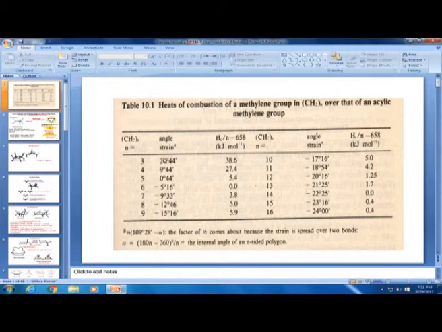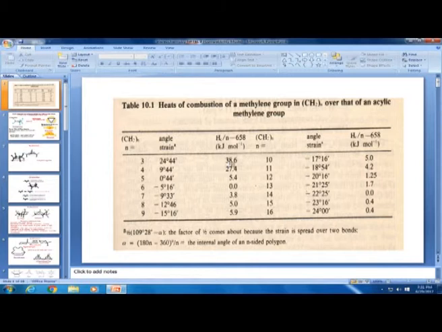Do not worry about the values here, they are very close. So, about 25 degrees is the angle strain in cyclopropane. And you see that difference I mentioned: the heat of combustion per methylene in a cyclic system minus that for a methylene in an acyclic system.